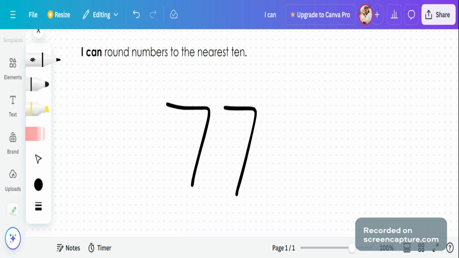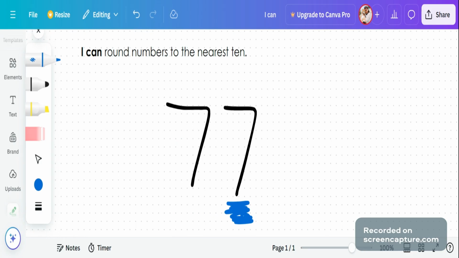We're going to do this one together. I'm first going to look at the number in my ones place, which is a 7. Now, is 7 5 or more? It is. 7 is bigger than the number 5. Remember, 5 or more, raise the score.